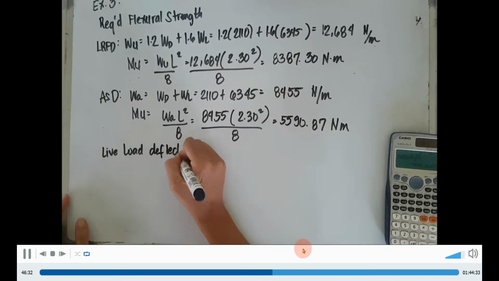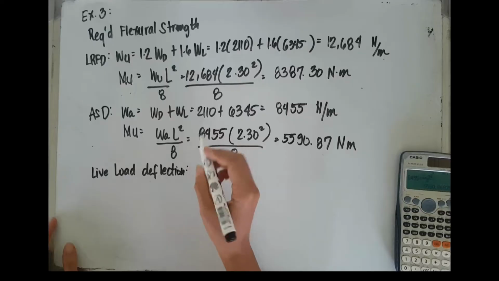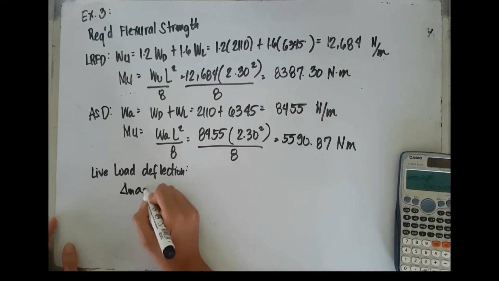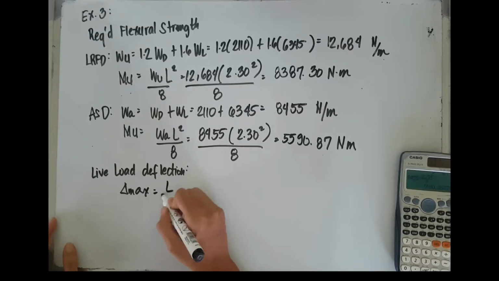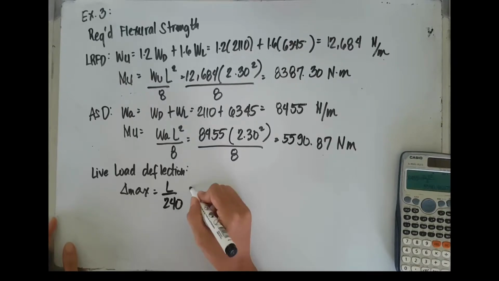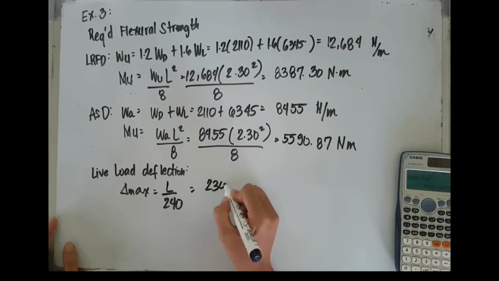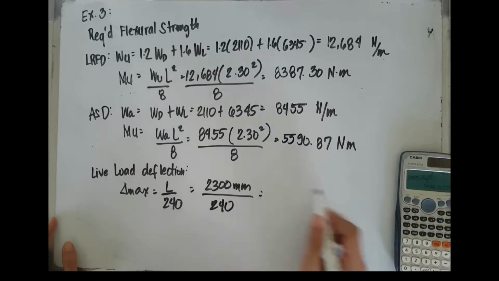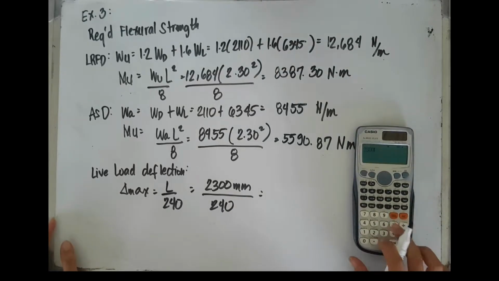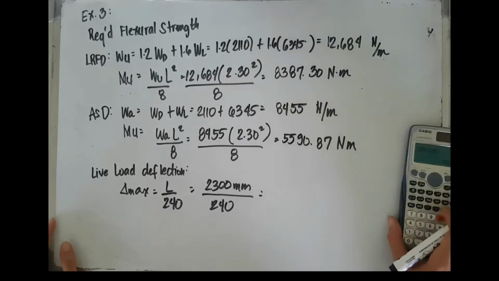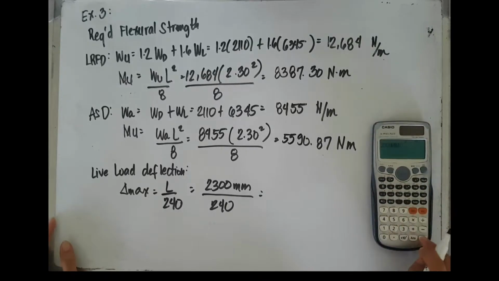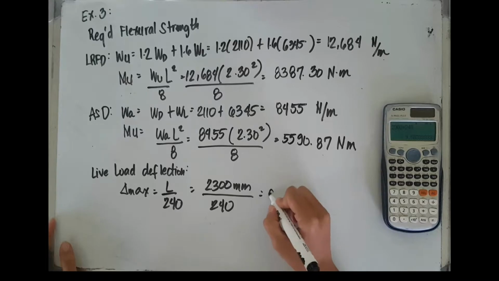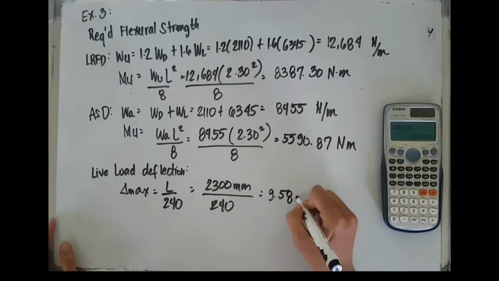And next is to determine the live load deflection, and the problem states that the maximum deflection would be equal to length all over 240. So it is better if we convert the length into millimeters, because deflection is what we are discussing. So the maximum deflection for live load would be equal to 9.58 millimeters.